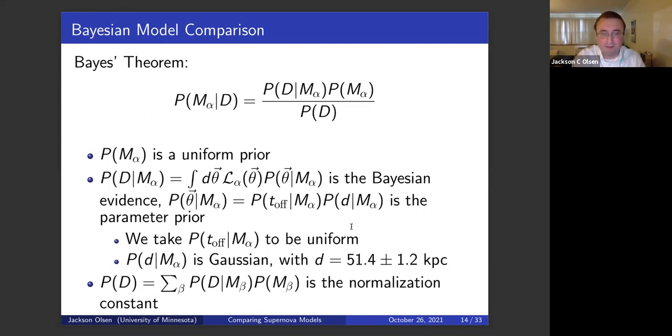So no prior information about the time offset, so we'll set that to be uniform too. But like I said, we do have a good measurement already of the supernova distance. So we'll make our distance prior a Gaussian function, basically following this measurement. And then the denominator is the normalization constant, which works exactly how you'd expect it to.